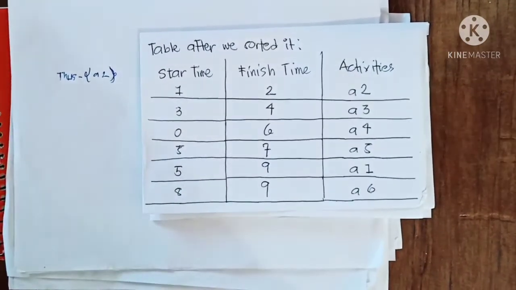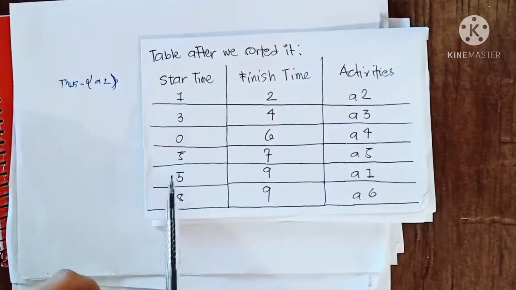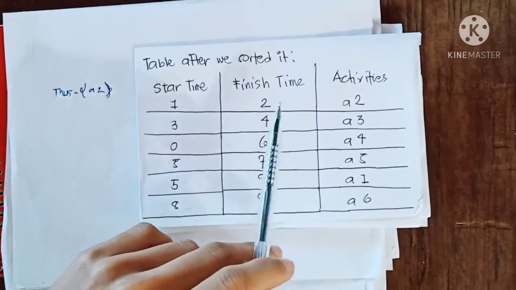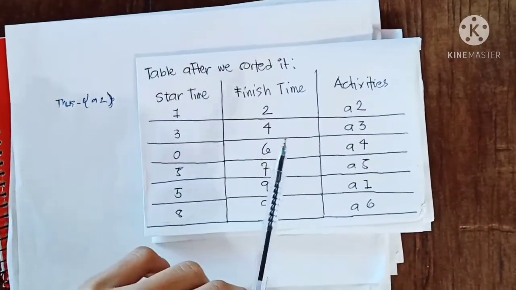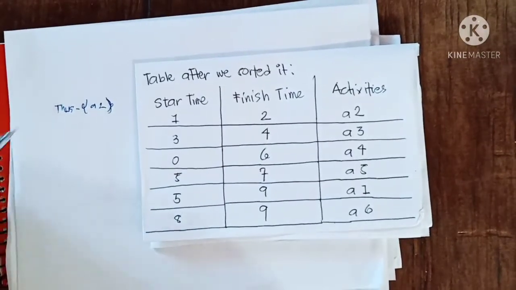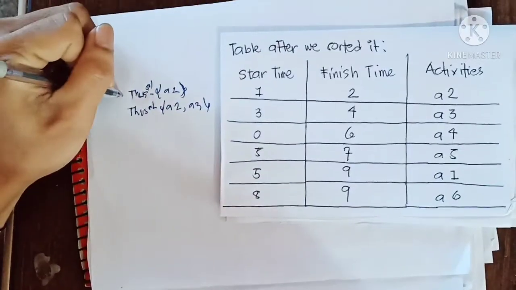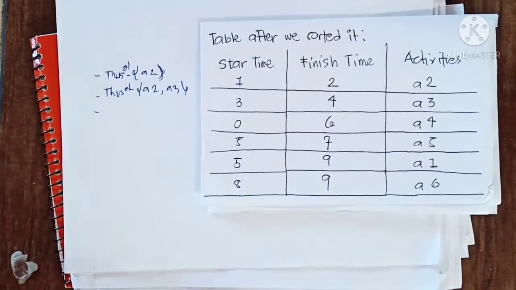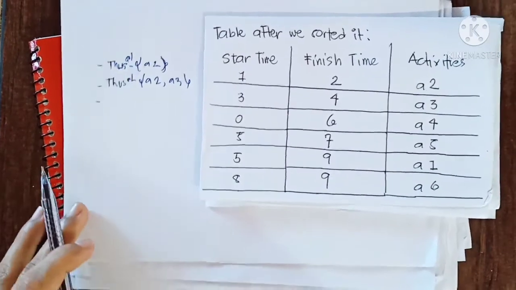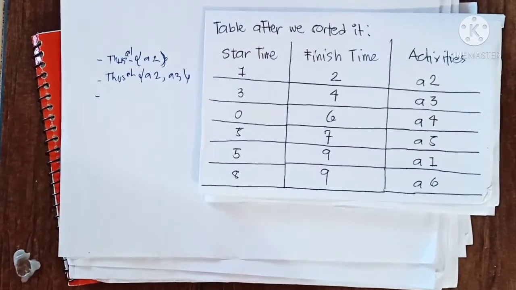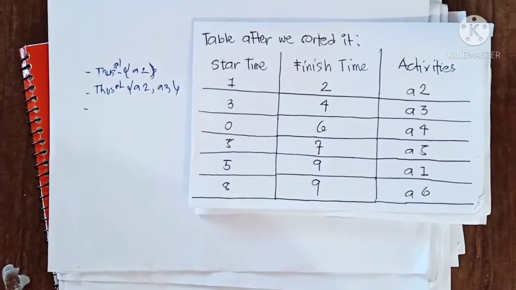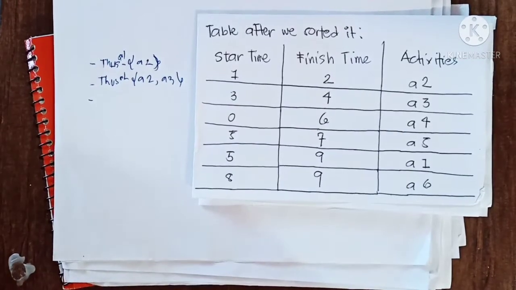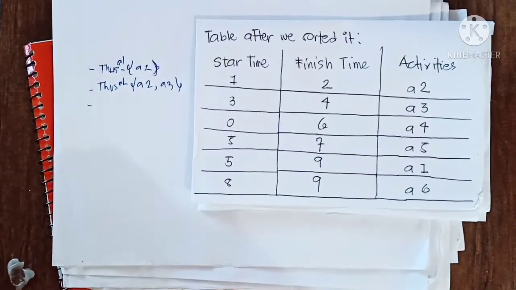Their schedules are not conflicting. The next activity that we will select is activity 4. The start time of activity 4 is less than the finish time of activity 3, so we can't add it to the solution because their times are conflicting.